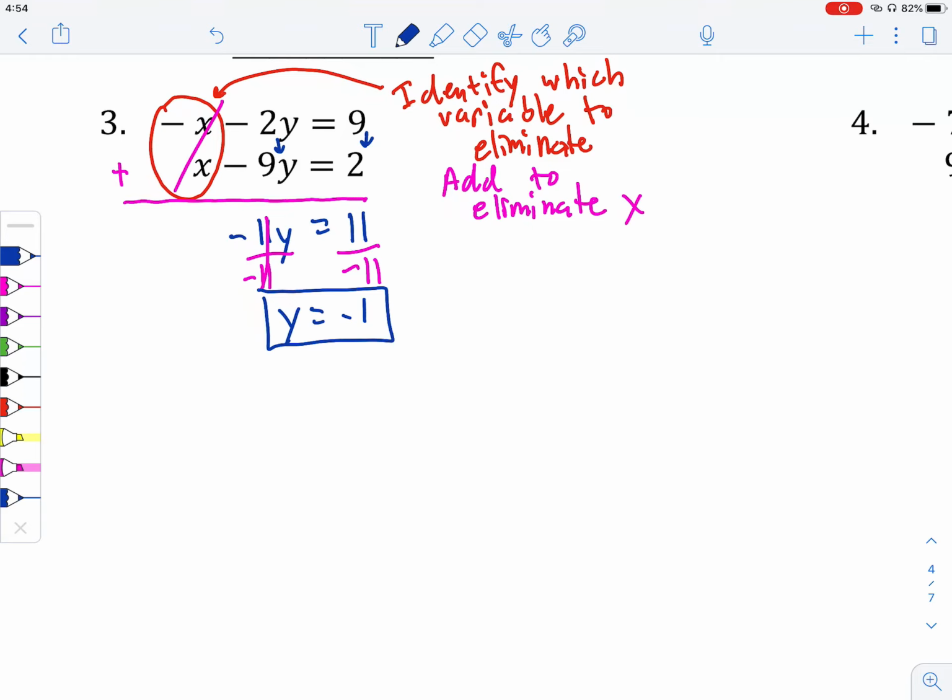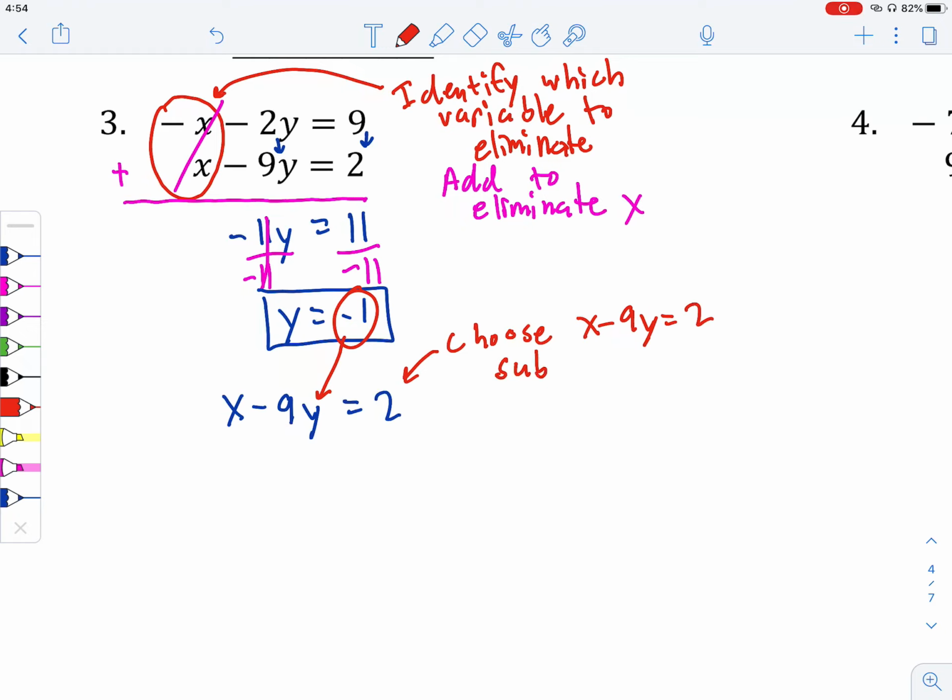Any one we want. Let's use the second equation now. So let's use x minus 9y equals 2, and then we're going to substitute y is -1.